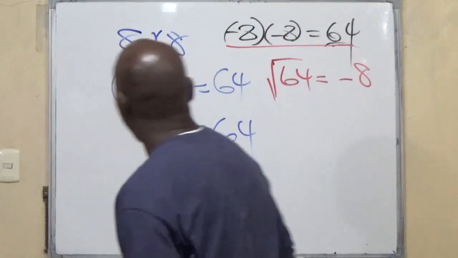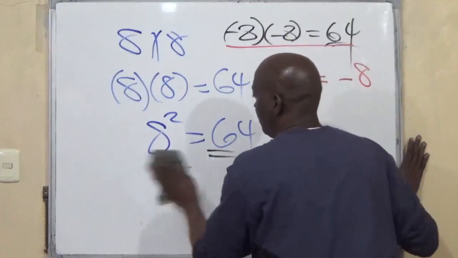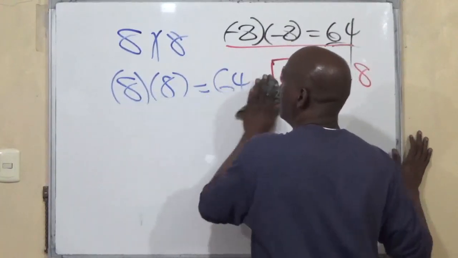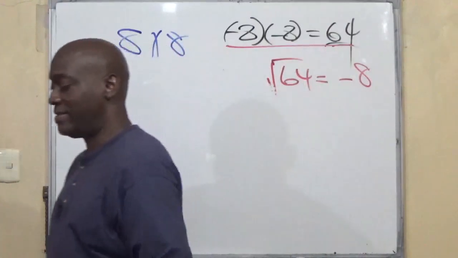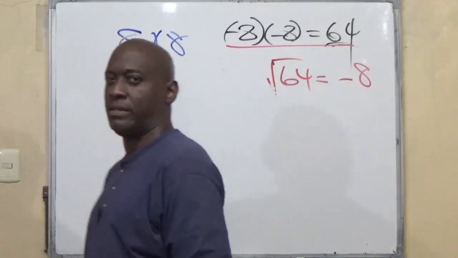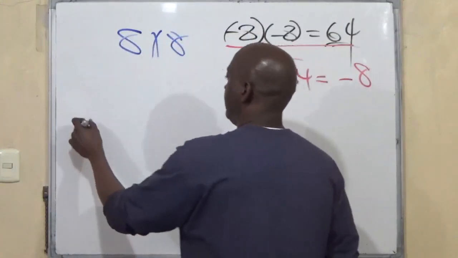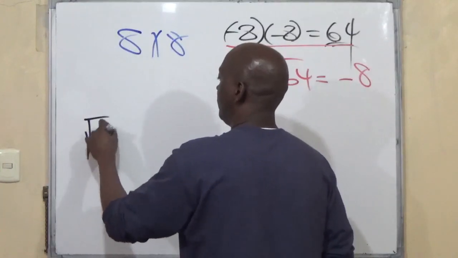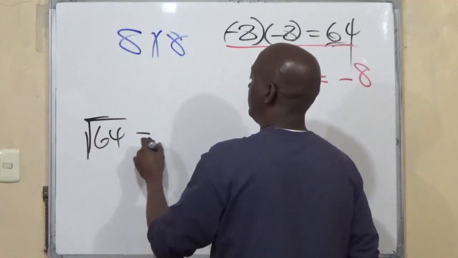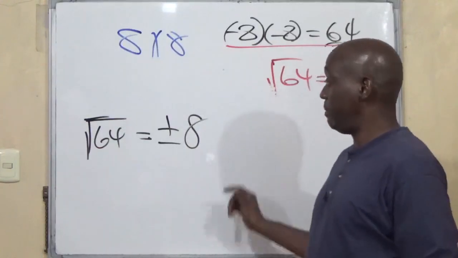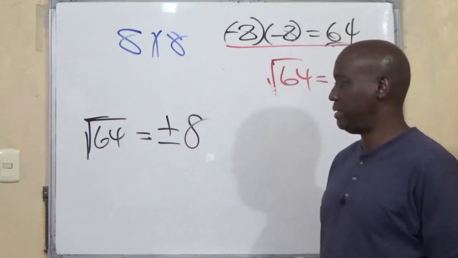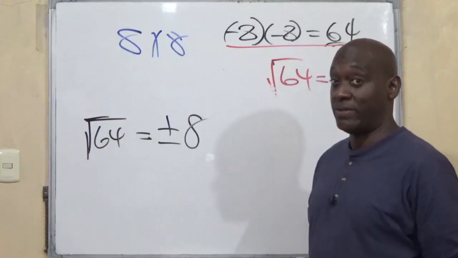So, to expand on the concept, instead of saying simply that the square root of 64 is 8, we could now say that the square root of 64 is equal to plus or minus 8. Much more complete than just saying the square root of 64 is 8.